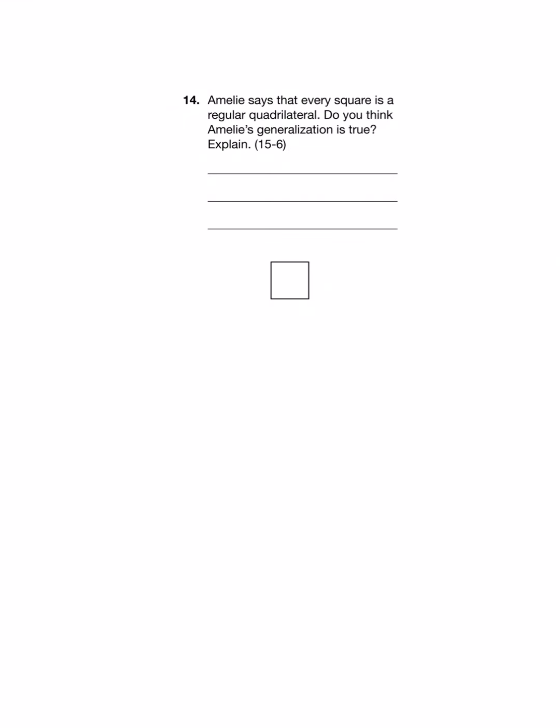Here's another opportunity for you to practice your writing skills. Emily says that every square is a regular quadrilateral. Do you think that her generalization is true? Yesterday we talked about the steps to proving a generalization. So the way to prove a generalization is to consider some example shapes that we think might support the generalization.